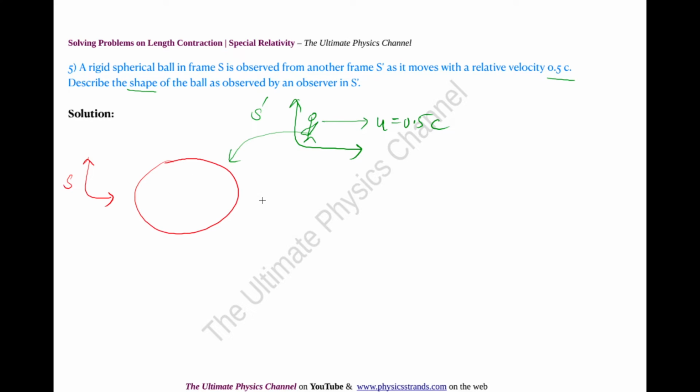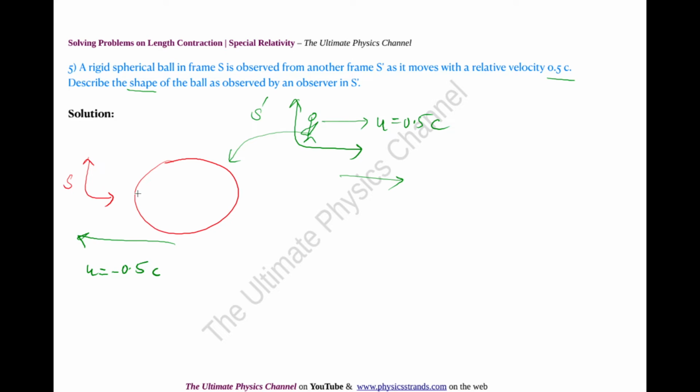The first point is length contraction occurs in the direction in which the object moves. So if S prime is moving with a velocity 0.5 c to the right, the observer in the S prime frame of reference would see the spherical ball moving to the left with the same velocity in the opposite direction.